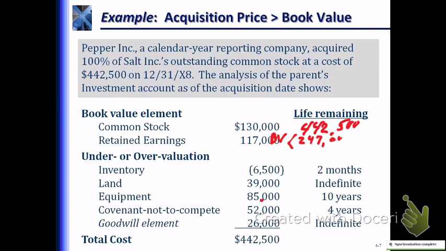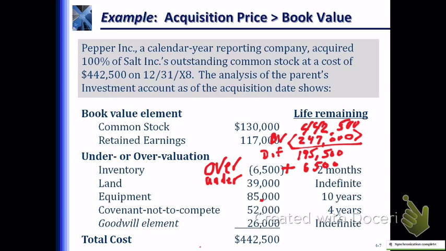Usually what we do is we start with the price paid, subtract the book value, which will give us the differential. And then I'm going to take the over or under valuation of the assets. So the inventory was overvalued, meaning what I'm doing is directly adjusting the differential to reflect how much of it is explained by these assets.